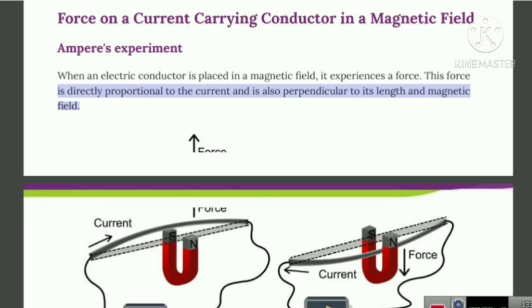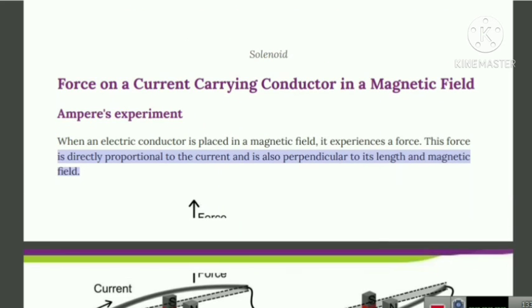Here a horseshoe shaped magnet is taken. Now here there is an electric current carrying conductor, and when current is passing through this conducting material, a force is exerted on it.